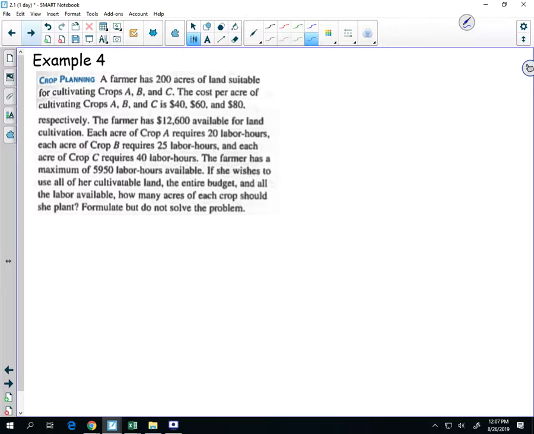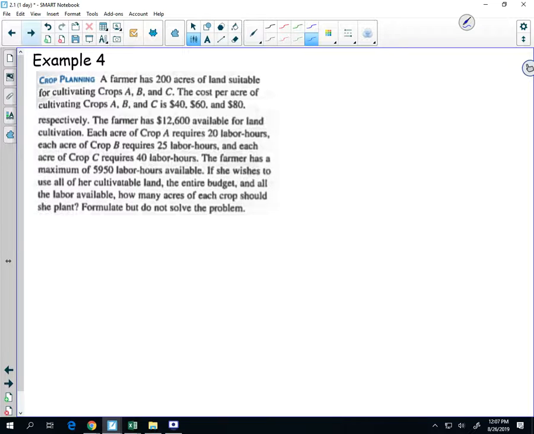of crop C, I think right away we can think of 2 equations talking about the total number of acres versus the cost. But also notice that each acre of crop A requires 20 labor hours. Each acre of crop B requires 25 labor hours, and we have a total number of labor hours. And so it says, if she wishes to use all of her cultivatable land, the entire budget, and all the labor available, how many acres of each crop should she plant?